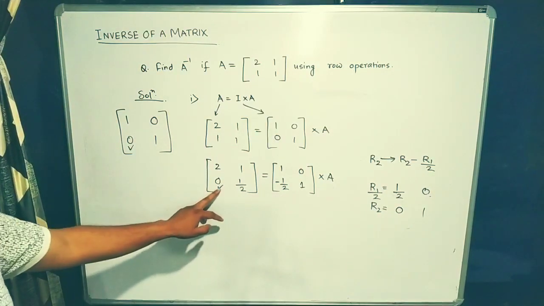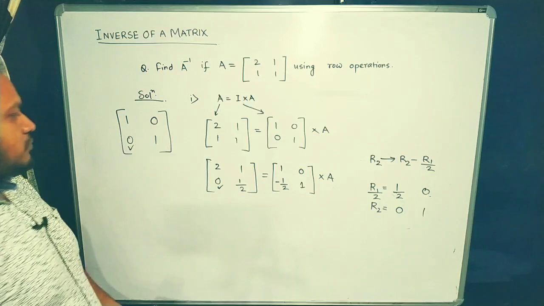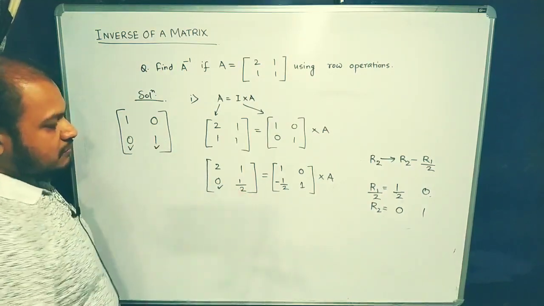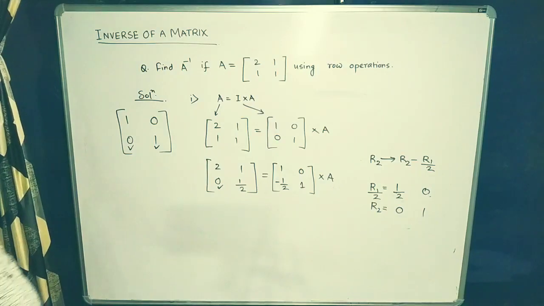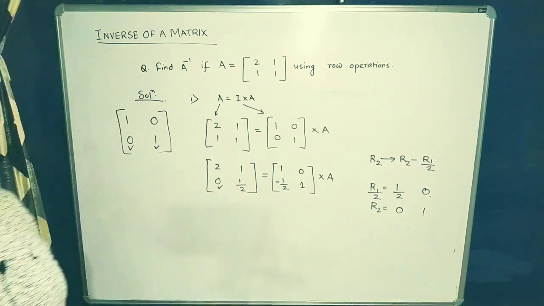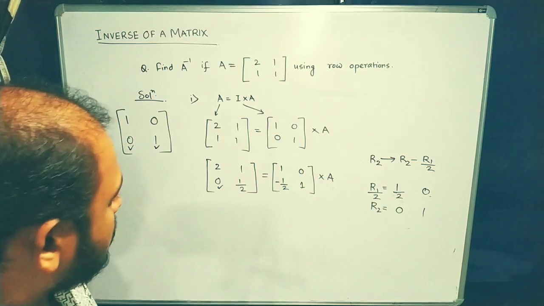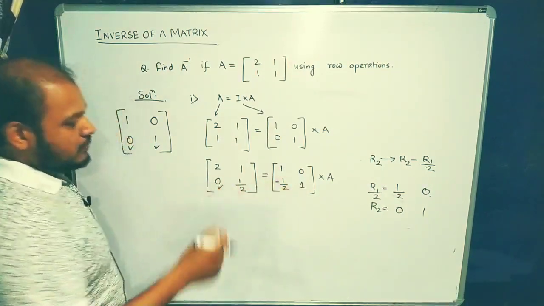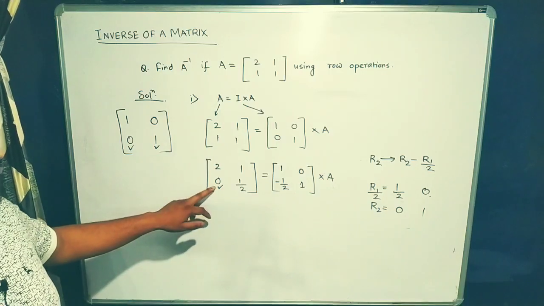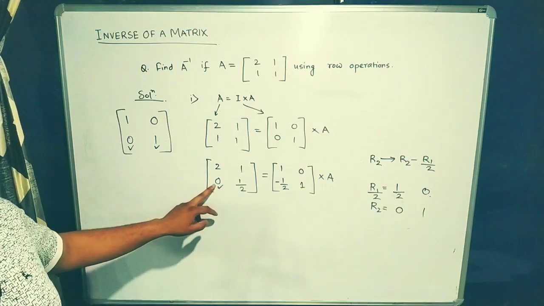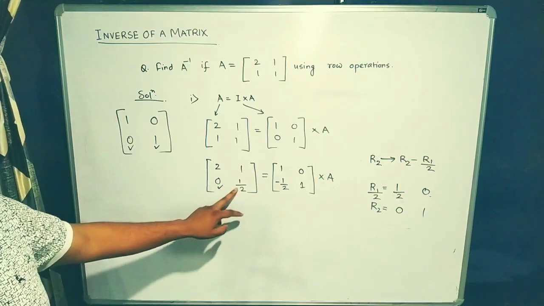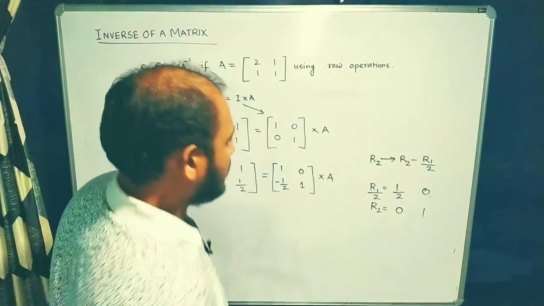Now it is 0, it is also 0. What is the next number that we should target? In the same row we see that this is 1 but this is half. So what can we do so that this becomes a 1 here instead of half? So we have to multiply the second row by 2. If we multiply the second row by 2, then 0 into 2 becomes 0, half into 2 becomes 1. So we are achieving a 1 at this position if we do this operation.